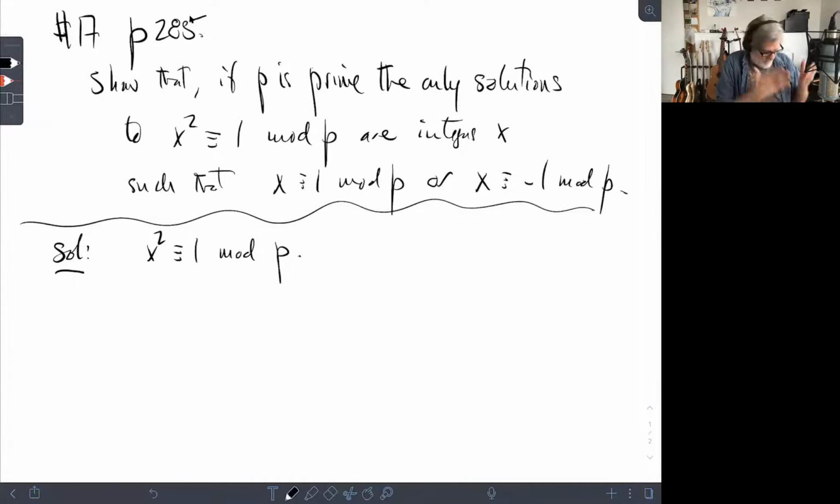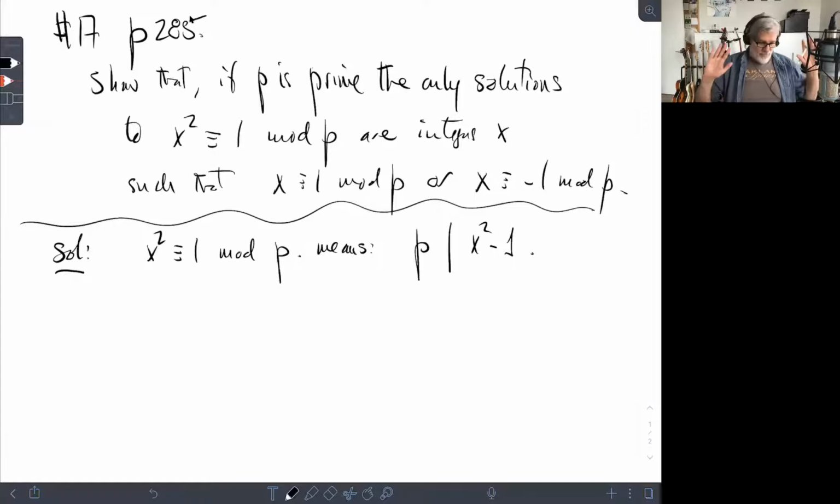The only thing that you have to do is to see that this means that p divides x squared - 1, right? a and b are congruent mod p when p divides their difference. Now, the minute you write it this way, hopefully the problem is over.